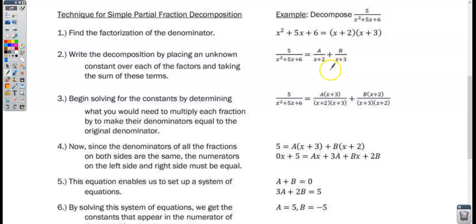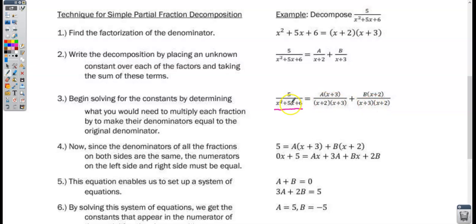And then the way we solve for the constants is by multiplying this fraction by x plus 3 over x plus 3 and this fraction by x plus 2 over x plus 2. We've put both of these fractions over the common denominator, and that common denominator was our original denominator. So now all of these denominators are the same in this relationship.